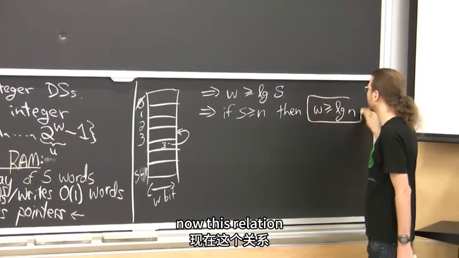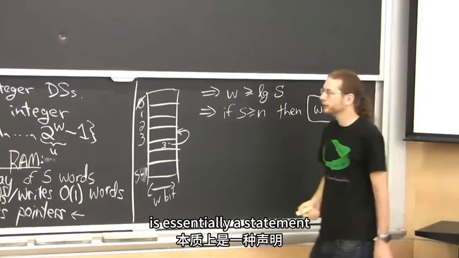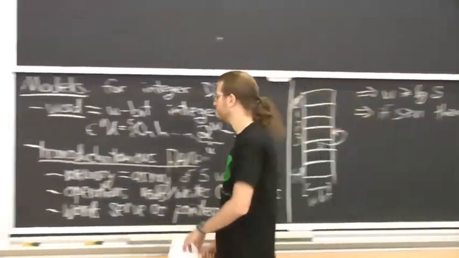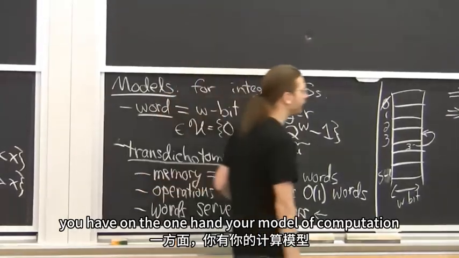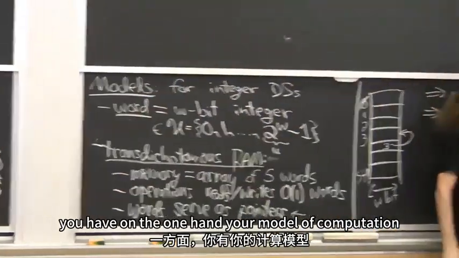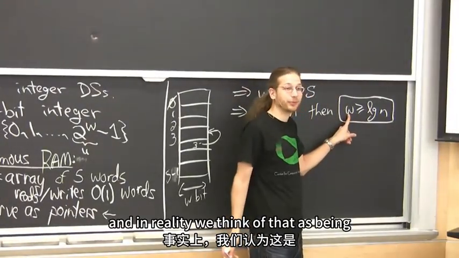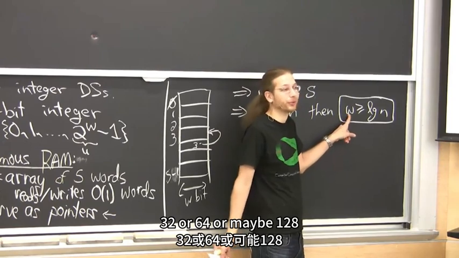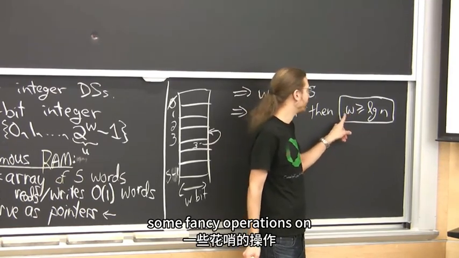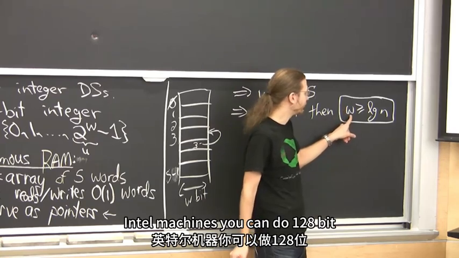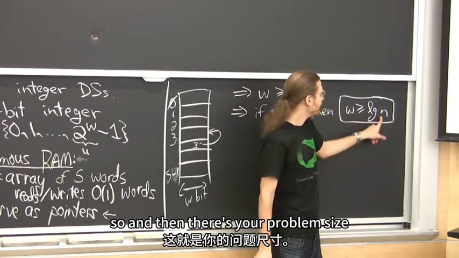Now this relation is essentially a statement bridging two worlds. Namely, you have on the one hand your model of computation, which has a particular word size. And in reality, we think of that as being 32 or 64 or maybe 128. Some fancy operations on Intel machines, you can do 128-bit or so.